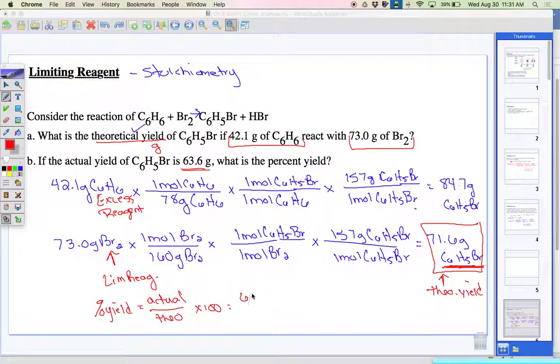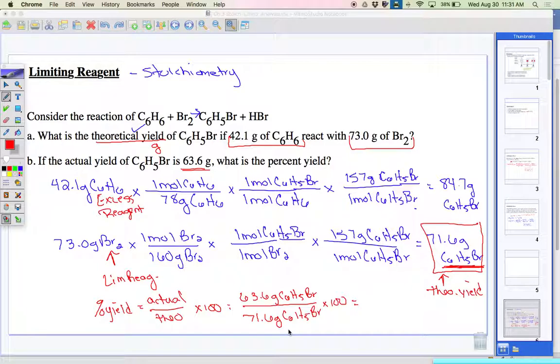So the actual yield was 63.6 grams, and what we should have gotten if it was a perfect reaction is the 71.6. So divide those. And what do we end up with?